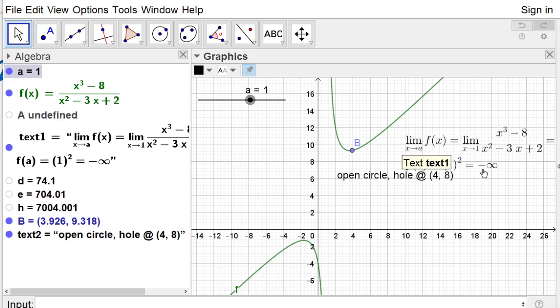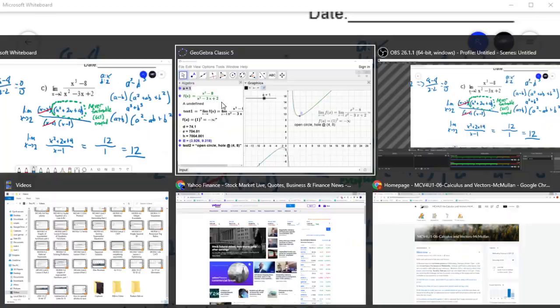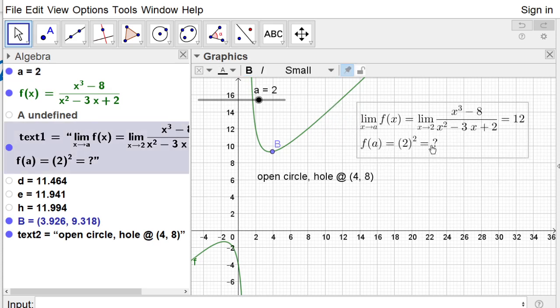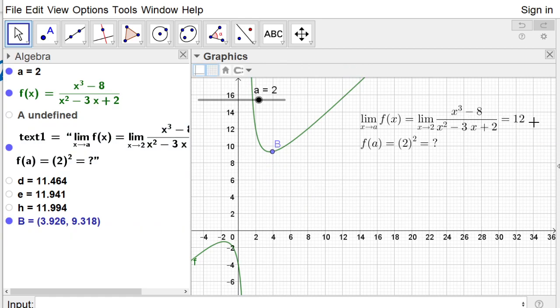As x approaches 1, you would not get a limit here, right? But this question was asking us about x approaching 2. When x approaches 2, we see that the function does not exist because there's a hole, but the limit does exist, and the limit is 12.